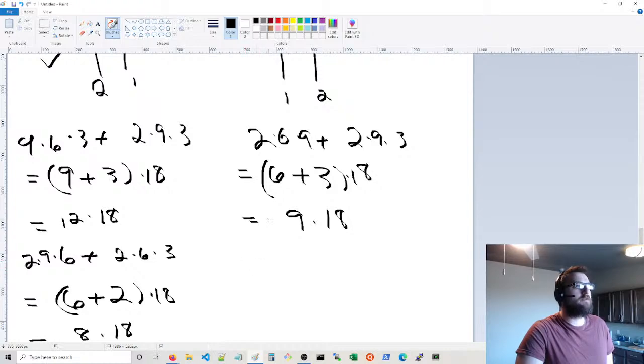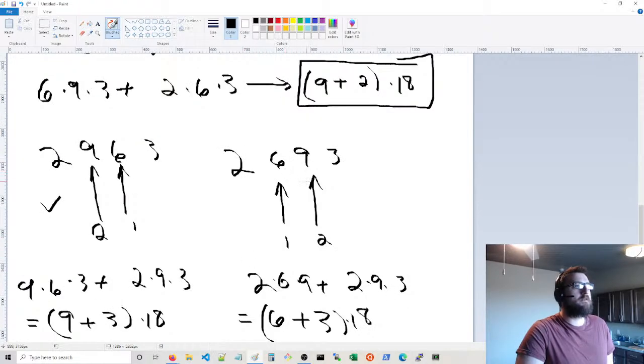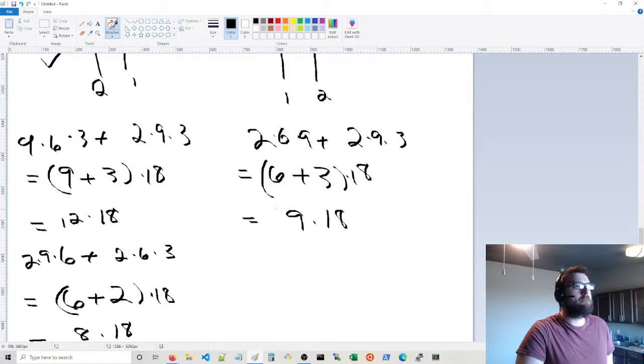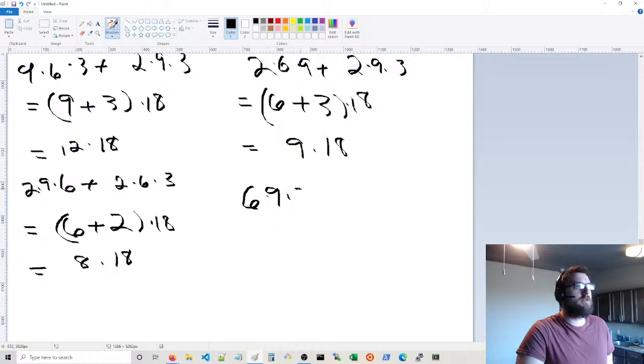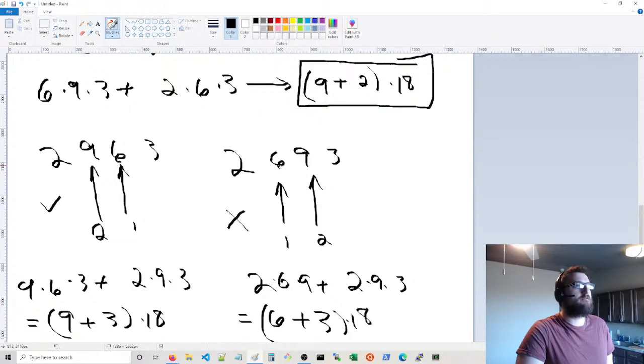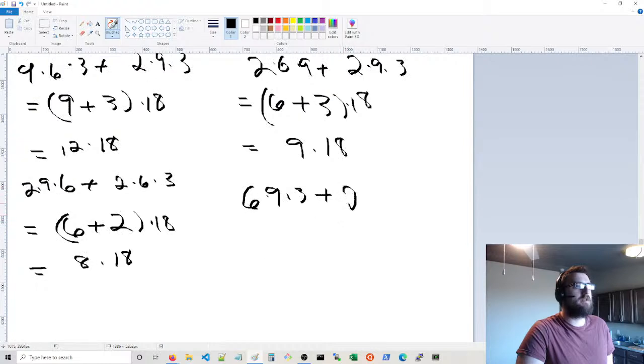As opposed to, if you go with 9 first, you get 693. So this one is incorrect. Going 9 first, you get 693 plus 263.